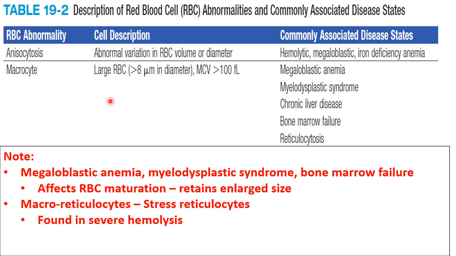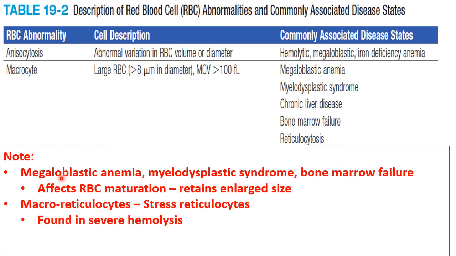Next naman, mga macrocytes. Macrocytes has MCV level beyond 100 femtoliters. So, basically, ito yung mga enlarge yung RBC size. So, sino yung mga yan? No, makikita mo sila from the name itself. Megaloblastic anemia, okay, myelodysplastic, bone marrow failure, and reticulocytosis. Kung makikita natin, no, itong megaloblastic anemia, myelodysplastic anemia, bone marrow failure has a common denominator.